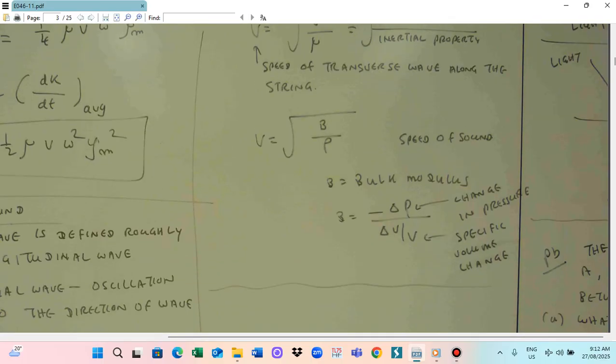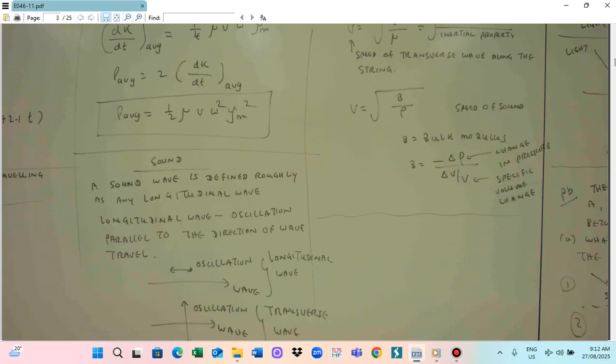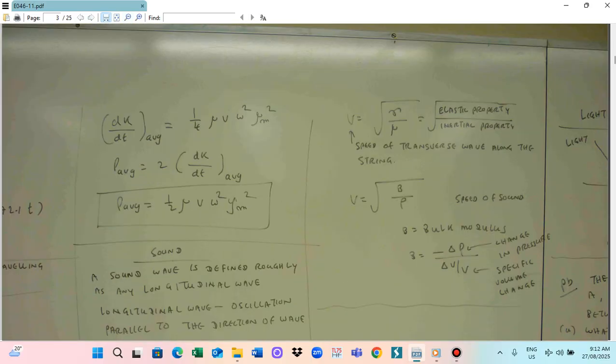The velocity can also be calculated. The velocity v is equal to the square root of the elastic property divided by the inertial property.